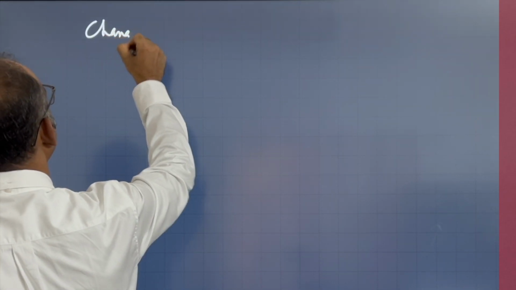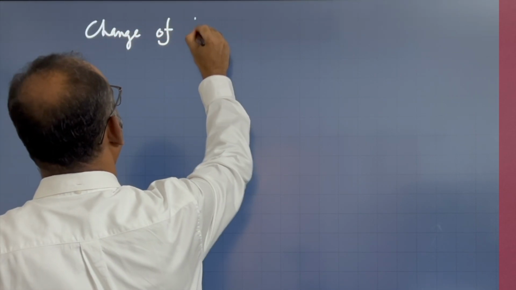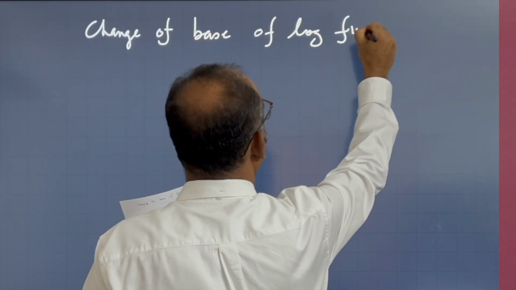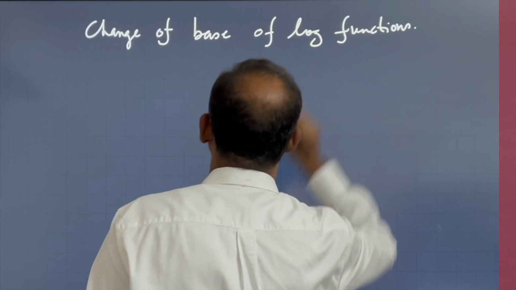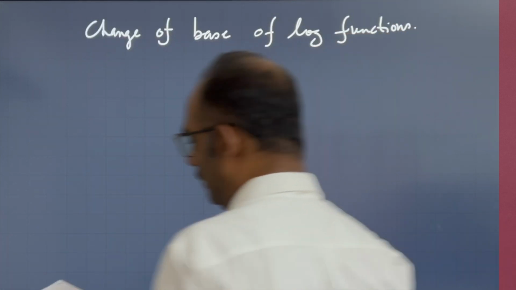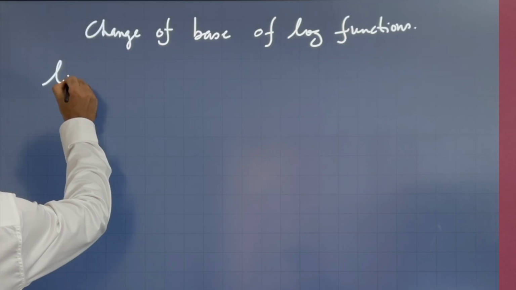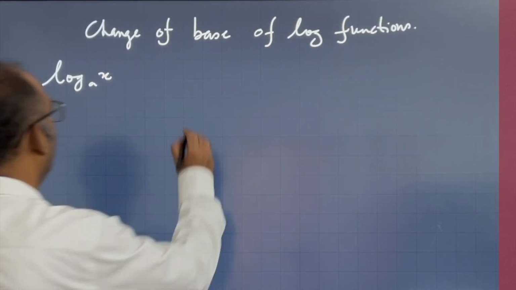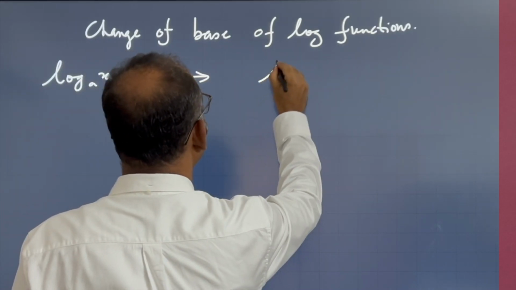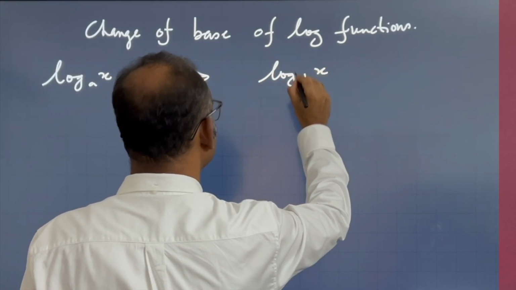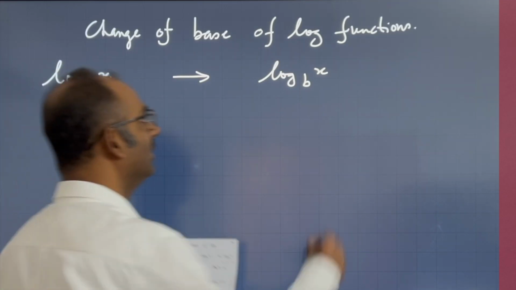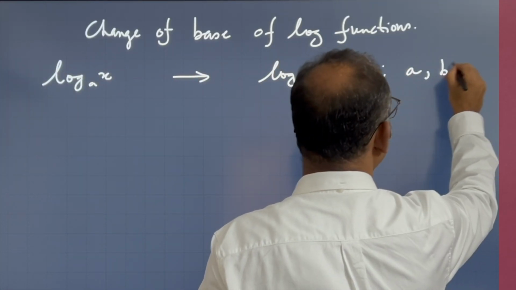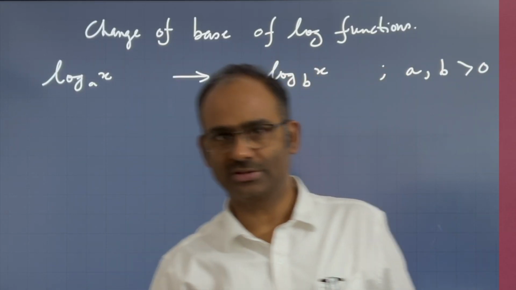So, change of base of log functions. What I want to do is take log x to the base a and find a relation of it with log of x to the base b, where both a and b have to be greater than 0, because a base has to be a positive number.